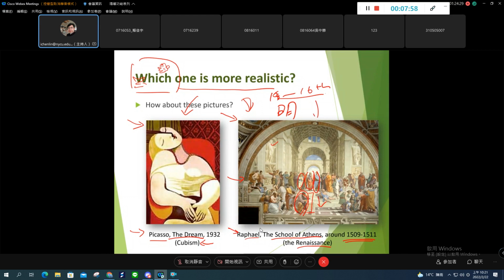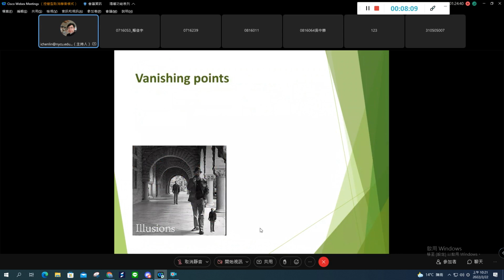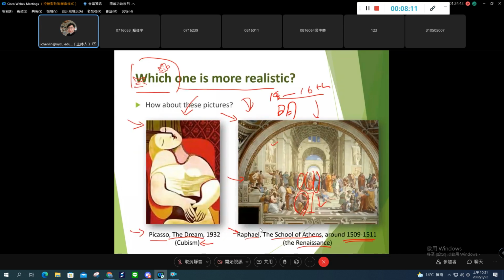However, the perspective or the ratio is not so correct. Perhaps some artists did that, but the mainstream did not. So what is the main difference? One of the key differences is the idea of the so-called vanishing point.